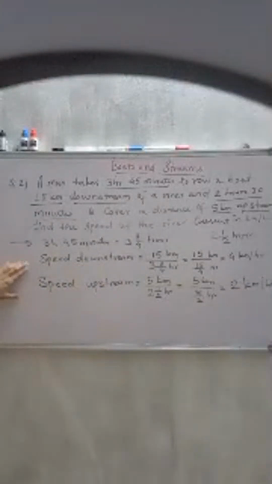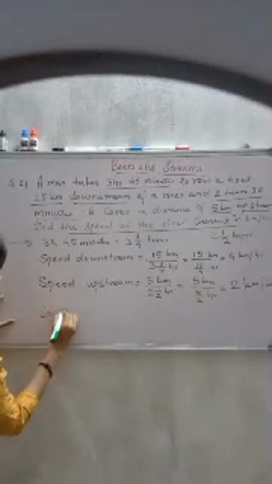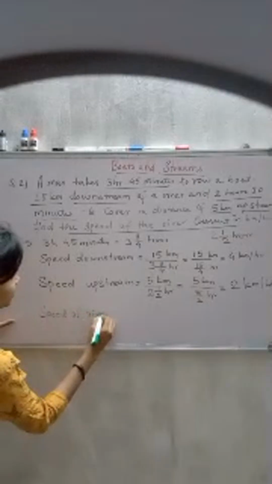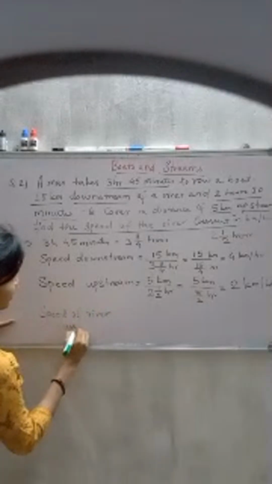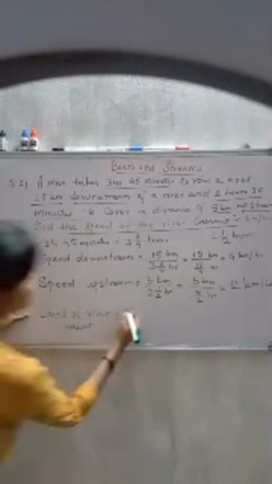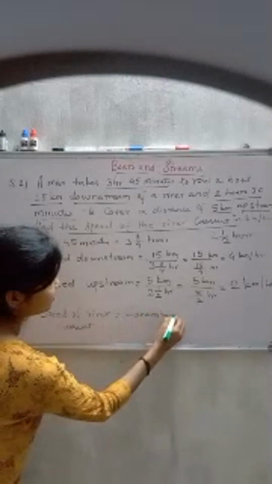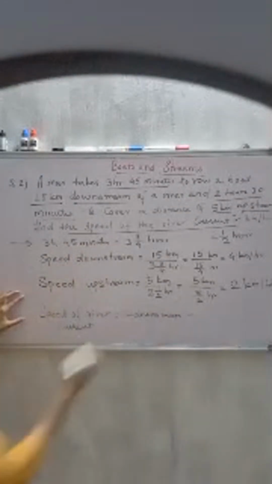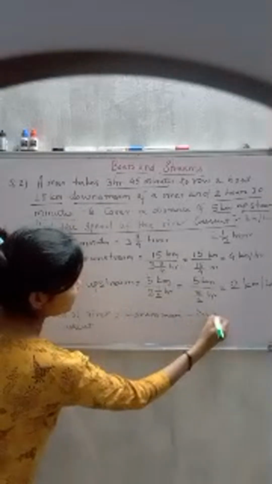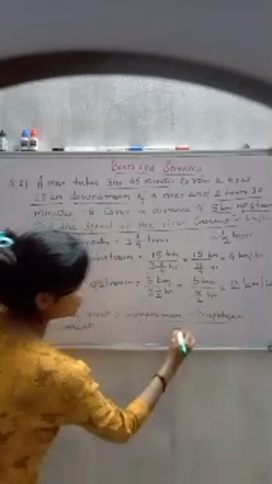This is speed downstream, this is upstream. We want the speed of river current. Okay, so speed of river current will be speed downstream minus speed upstream divided by 2.